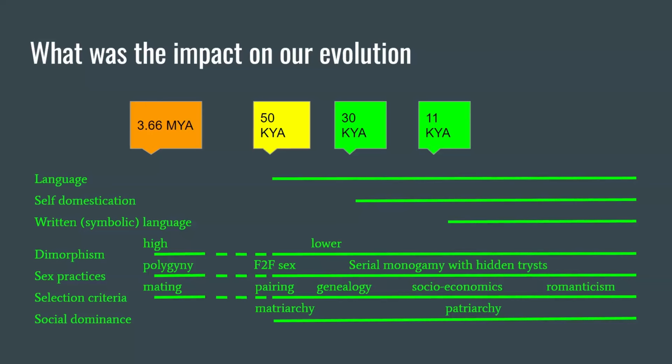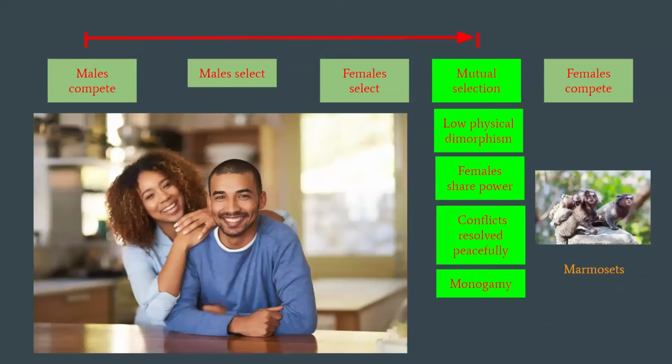And we went from social dominance, which was more matriarchy than patriarchy, but because of religious rules, now we live in a patriarchal society, and we're starting to get out of it, but not fast enough. But we've made quite a journey.